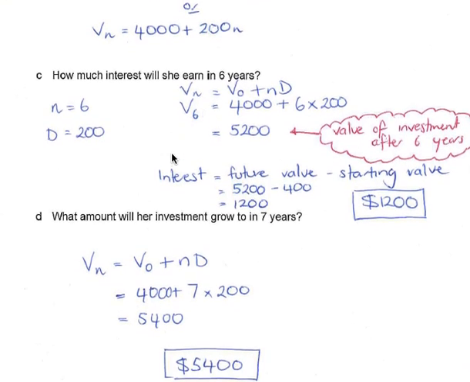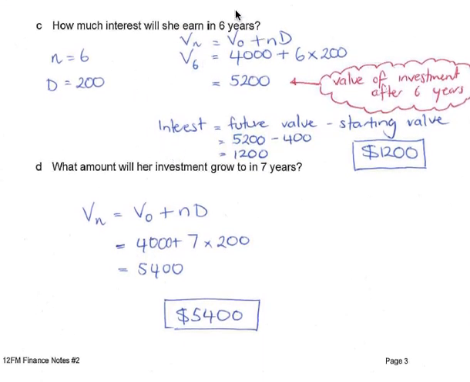We can then use that general formula to determine how much interest she will accrue over that time. If n is 6, being 6 years, and the D value is 200, so she's adding $200 of interest each year, you'll have the initial value 4,000 plus 6 times 200, so the number of years times the 200, the value, which is 5,200.